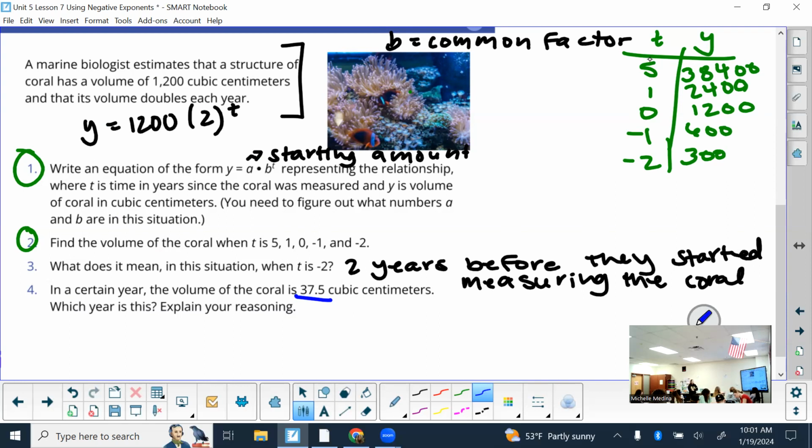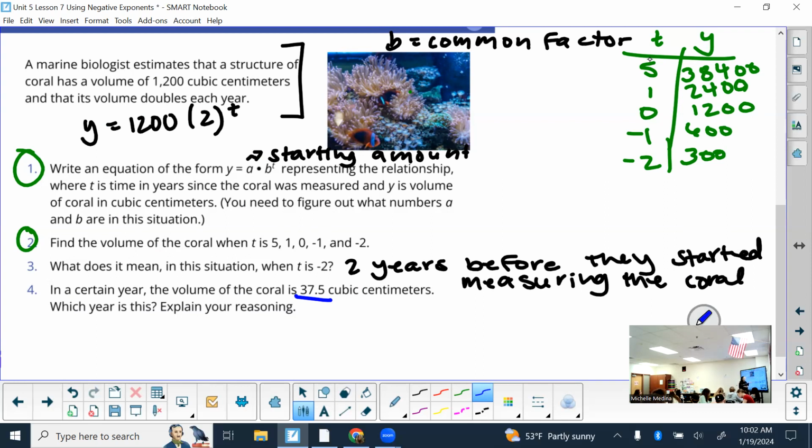Table 4. So we're solving for when y is 37.5. We have some y's here.